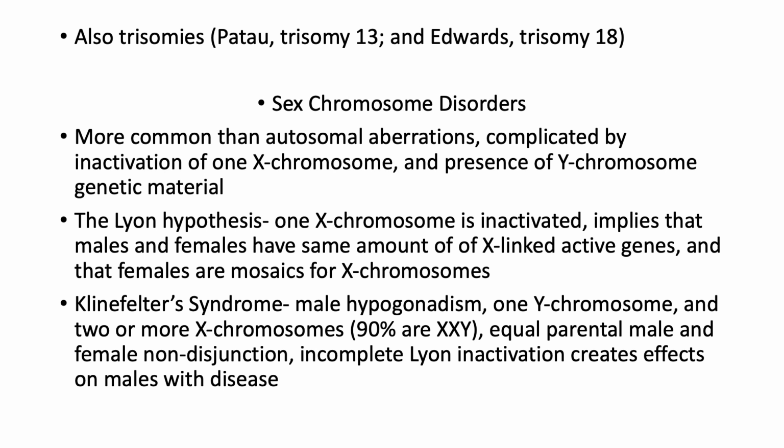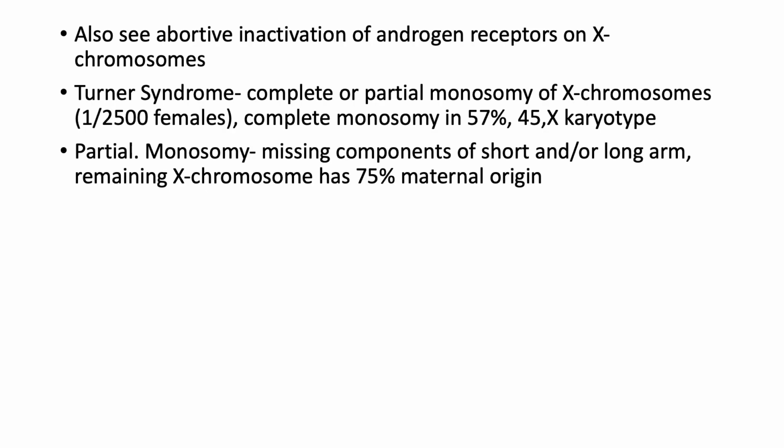In Klinefelter syndrome, you have male hypogonadism, one Y chromosome, and two or more X chromosomes, 90% of which are XXY. There's equal parental male and female non-disjunction of the chromatid. Incomplete Lyon inactivation creates effects on males with the disease. You also see abortive inactivation of androgen receptors on the X chromosomes.